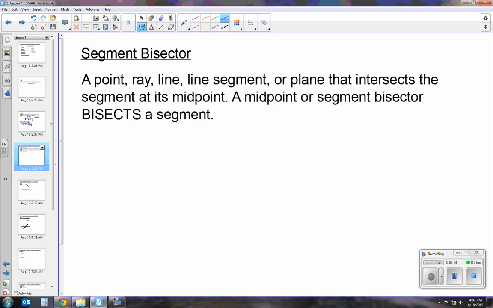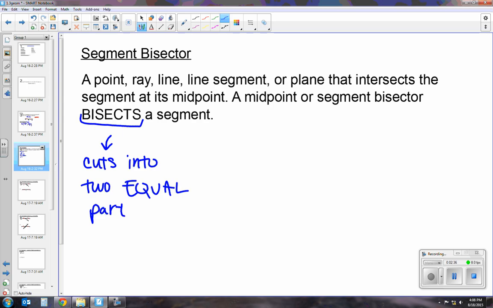Well, a bisector does the same thing that a midpoint does, and that's it cuts it into two equal parts. Okay, so a segment bisector cuts it into two equal parts. So I'm going to show you some different segment bisectors that we can have.